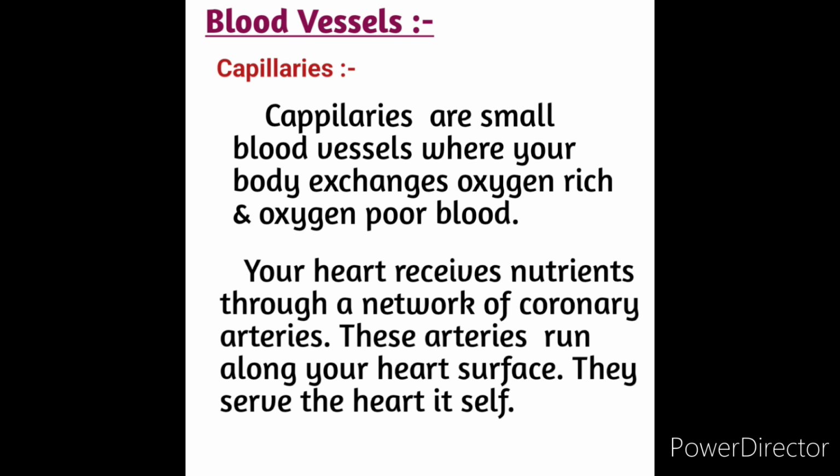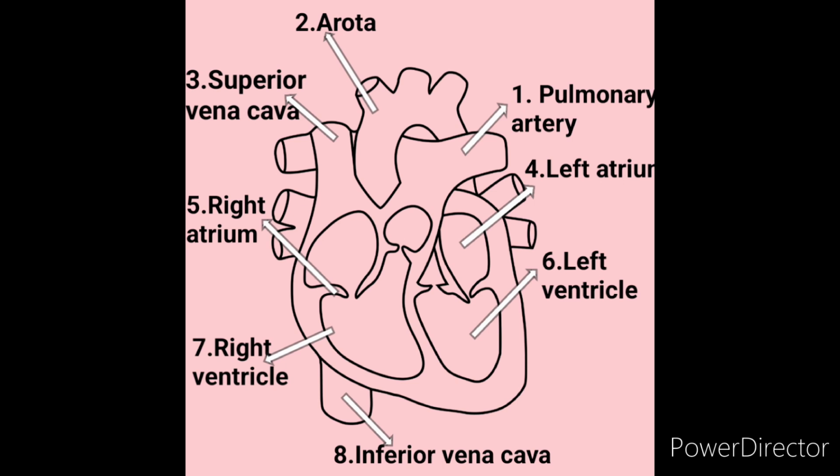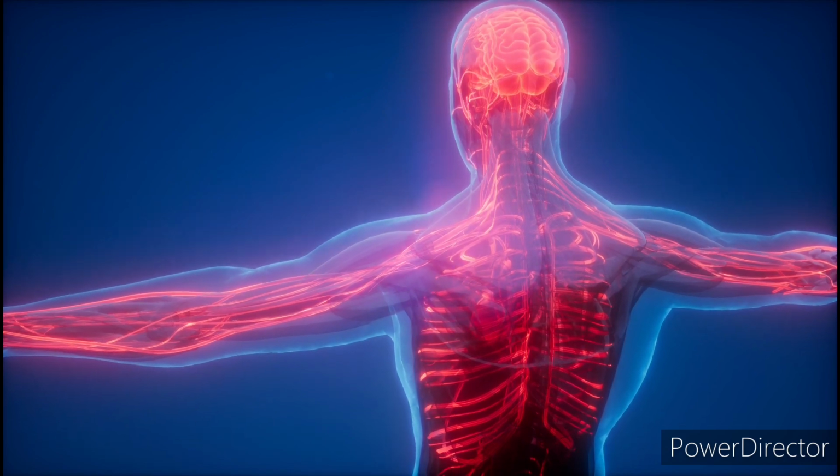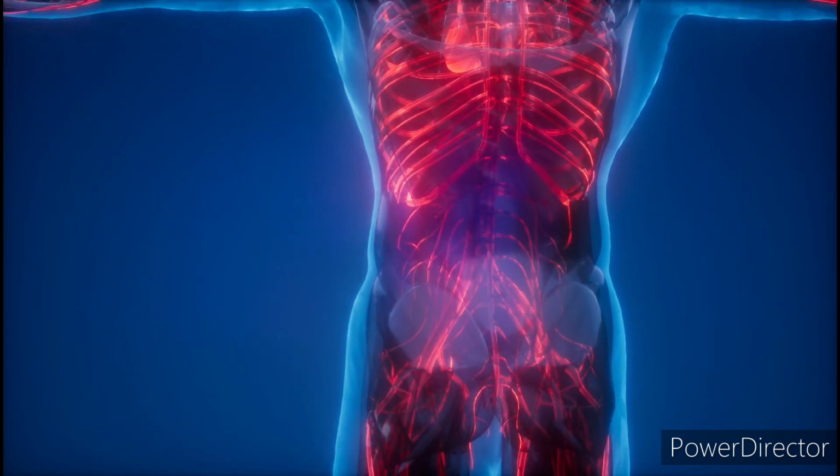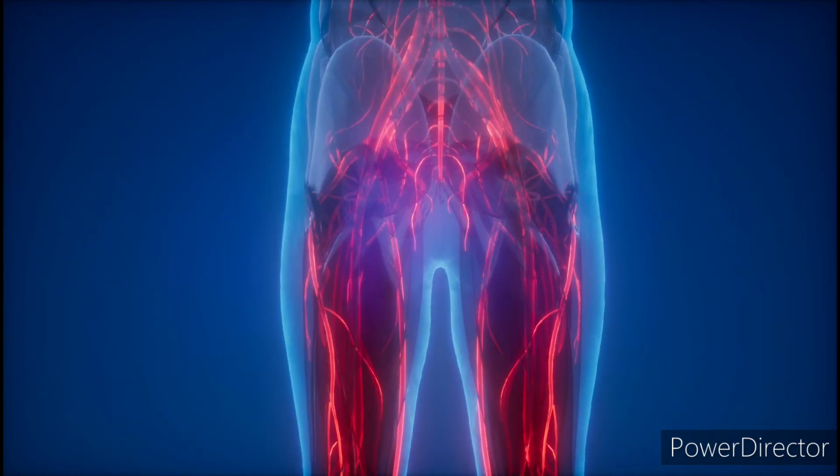Through the lungs, purification is done, then oxygenated blood is supplied all over the body. Here we can see the heart parts, the circulation, and blood vessels, and how arteries supply oxygenated blood through the body.